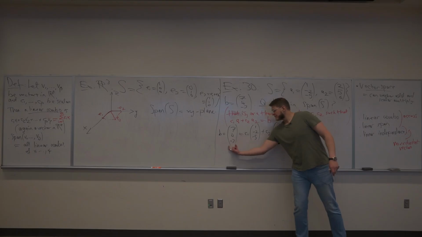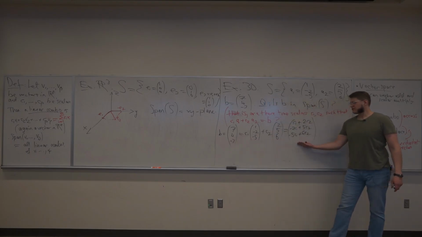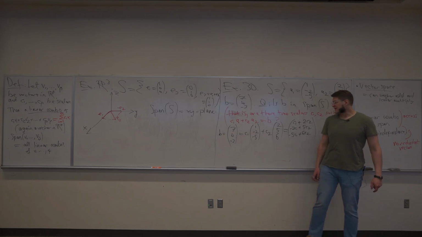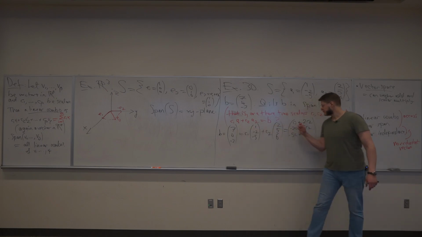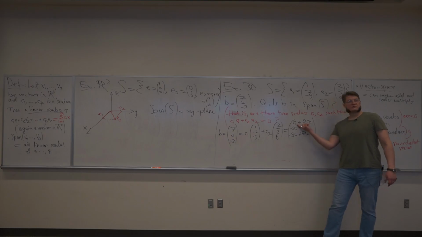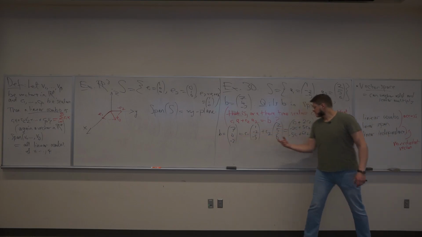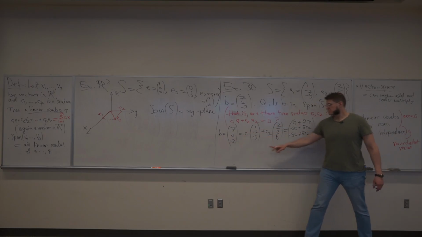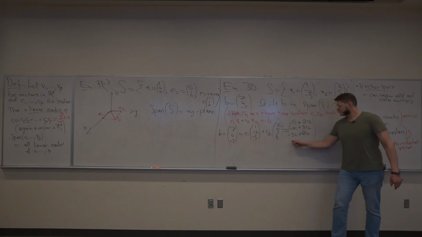That happens exactly when the corresponding entries are the same. So 7 equals whatever this is, 4 equals whatever this is, and minus 3 equals whatever this is.